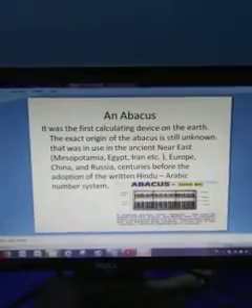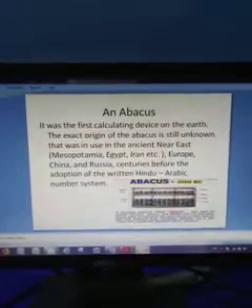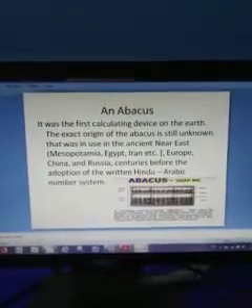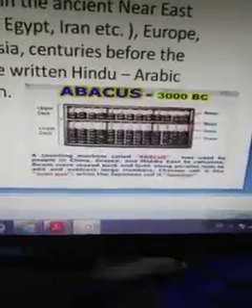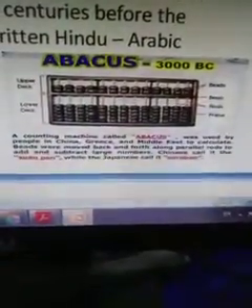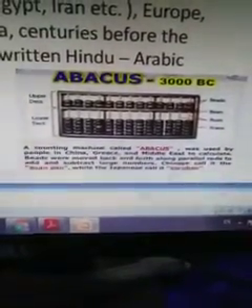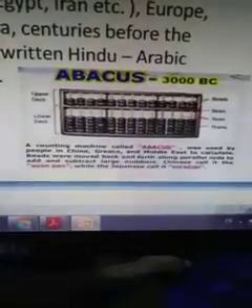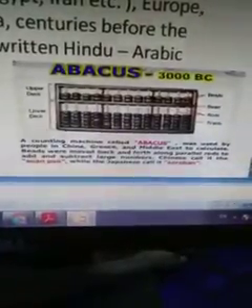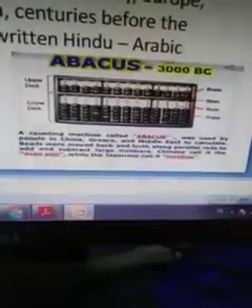Basically, this device was used before the adoption of the written Hindu-Arabic number system. If we see a closer view of the abacus, we can see that it is divided in two parts in a single frame, the upper part and the lower part. The upper part or upper deck was known as the heaven, and the lower part or lower deck is known as the earth.